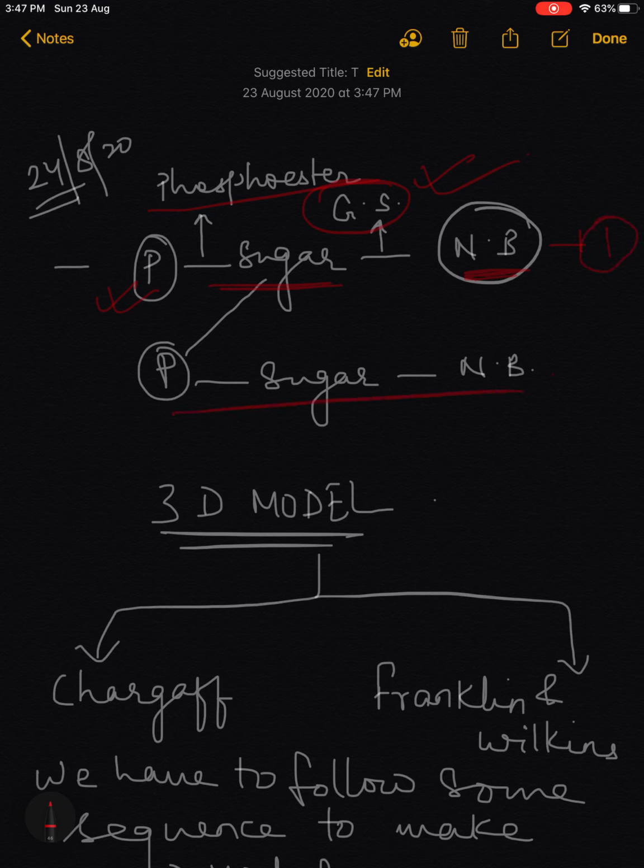Similarly, there is another nucleotide, and we know that DNA is a chain having a lot of nucleotides joined together. So children, how are these nucleotides joined together? You can see nucleotide number 1 and nucleotide number 2 are joined by a bond between the sugar of the previous nucleotide and the phosphate group of the next nucleotide, which is called a phosphodiester bond.